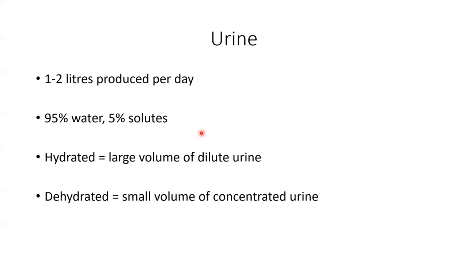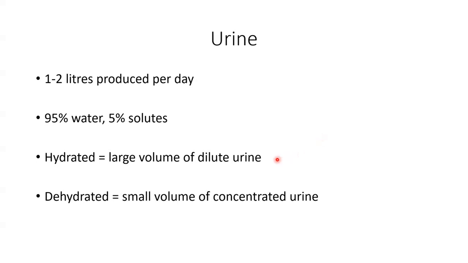So they originate from an external source. Now, the volume and composition of urine will vary so that the total volume of fluid within our body remains relatively stable. So the fluid within our body doesn't change, but whether we excrete more or less urine will change to keep the fluid balance in our body stable.